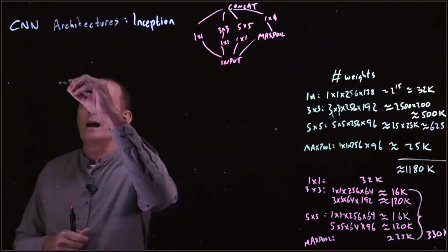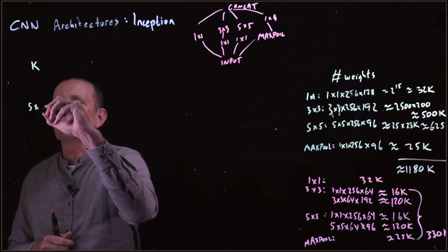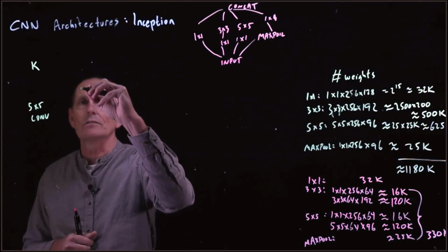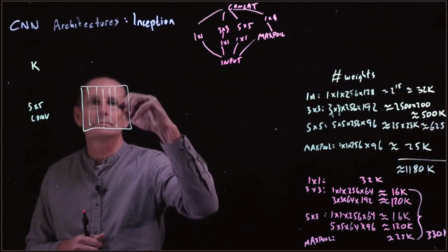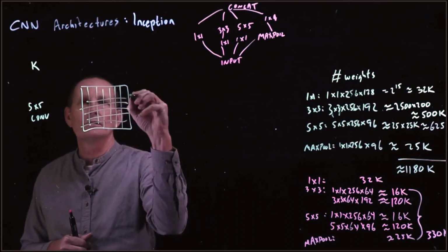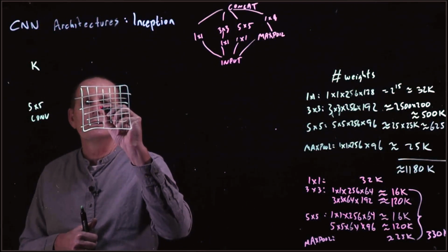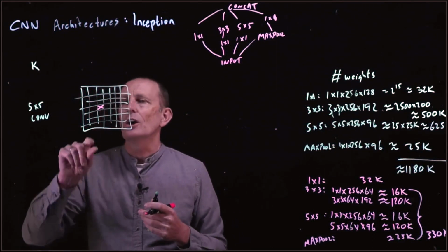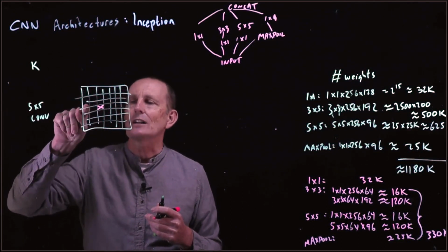If we look at layer, let's say K, and we've got a 5 by 5 convolution, then we look at the output of the 5 by 5 convolution, let's say we've got some output, and we look at some xy coordinate here. And the question is, what's its receptive field? That is, what are the pixels from the input, the 5 by 5 layer, that actually affect this?